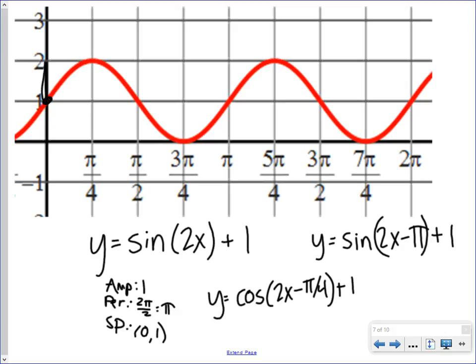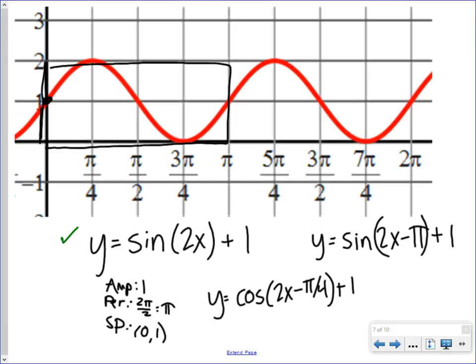I have an amplitude of 1. I agree. That gets me to my max and my min. I have a period of pi, so I'm going from 0 all the way to pi. And that's right before the graph sort of copy and pastes, repeats itself over and over again. So I'm thinking this equation checks out.